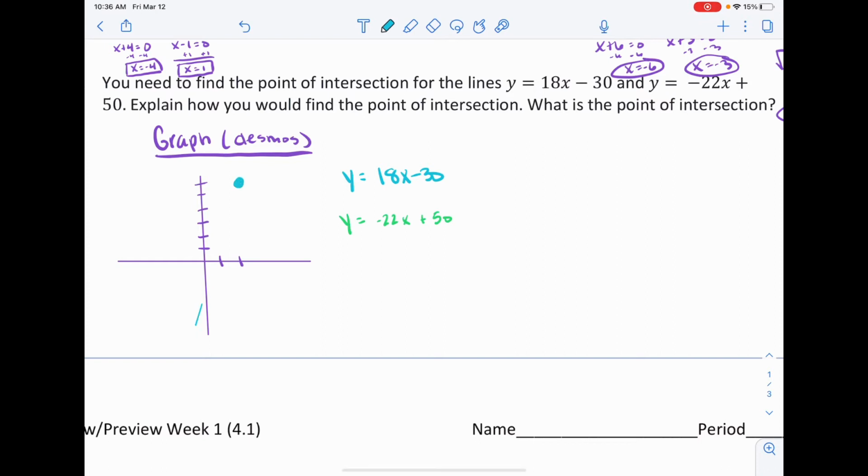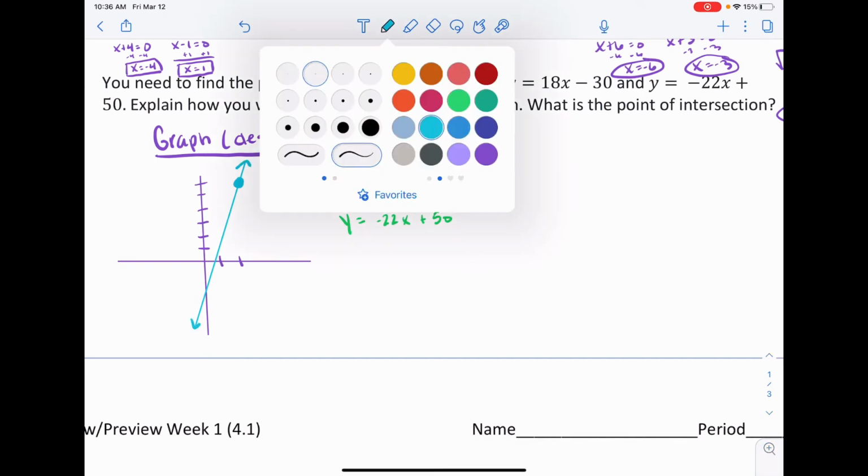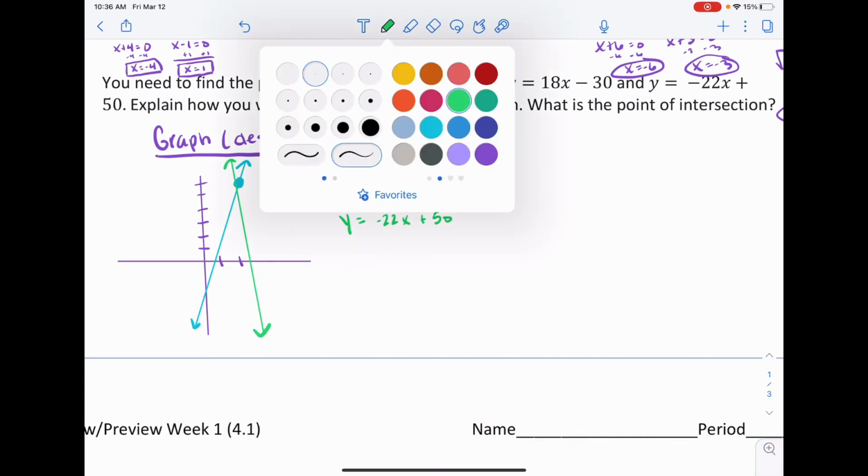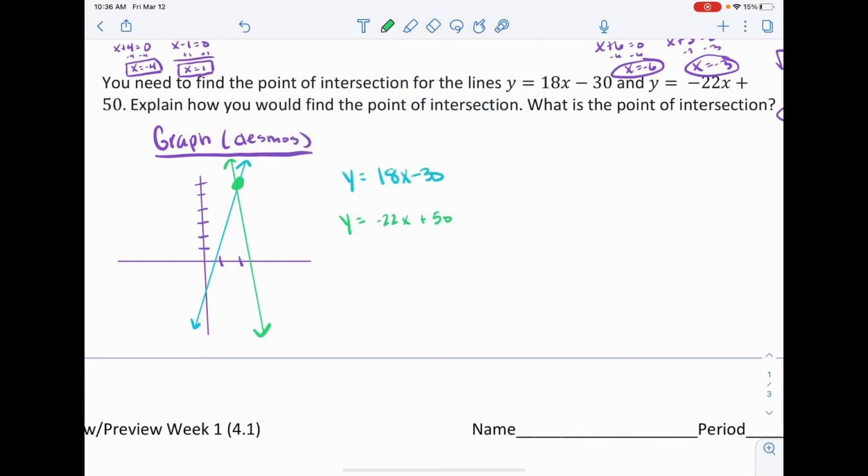That line kind of looked like this. And y equals negative 22x plus 50. That one kind of looked like, I got it, I promise. Like this. At 2, 6 here. So that was our point of intersection.